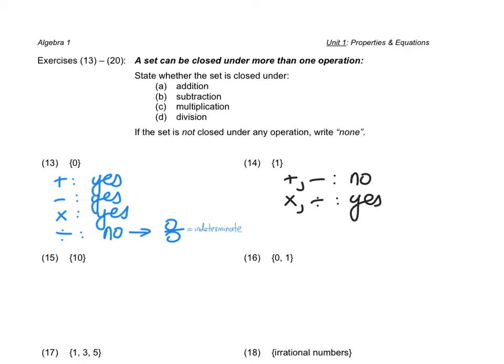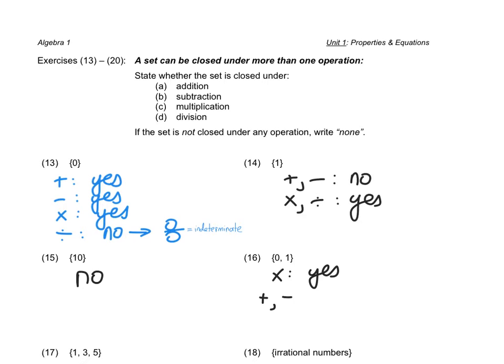All right, the number 10, closed under addition? No. Subtraction? No. Multiplication? No. Division? No. So I'm not going to itemize, I'm just going to say no. 0 and 1, addition, subtraction, multiplication? Yes. Division? No. So multiplication, yes.